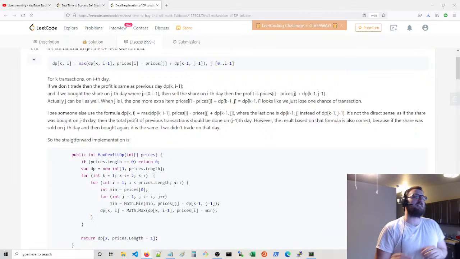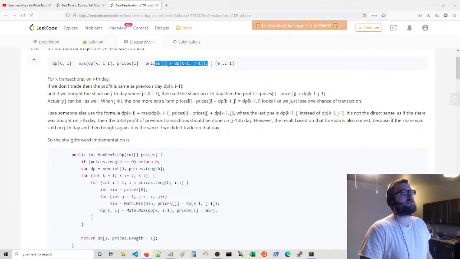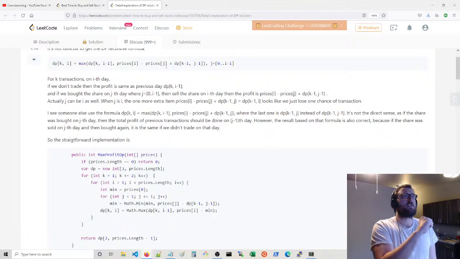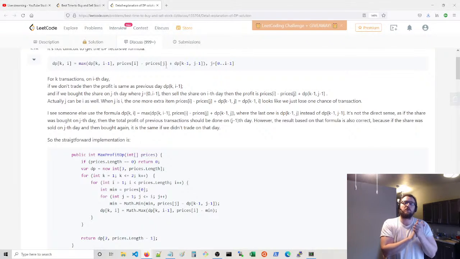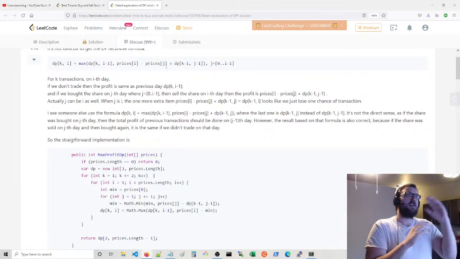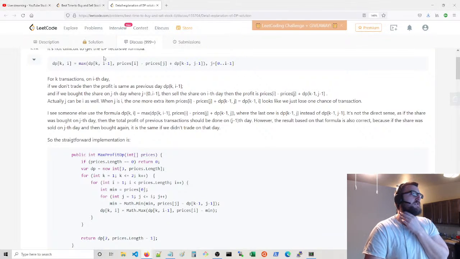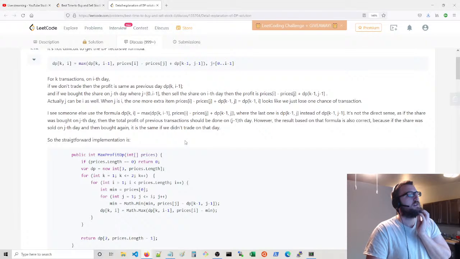What he's doing is breaking off this piece of this equation, and what it's supposed to represent is the best price prior to this date that you could have bought this stock, while also considering what the optimal DP solution was before that day, with one less transaction, right? Which is basically just a restatement of part of this formula.